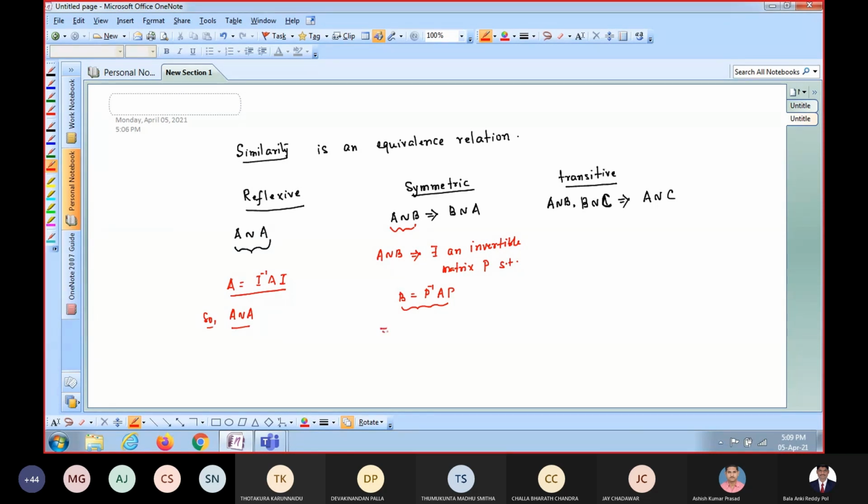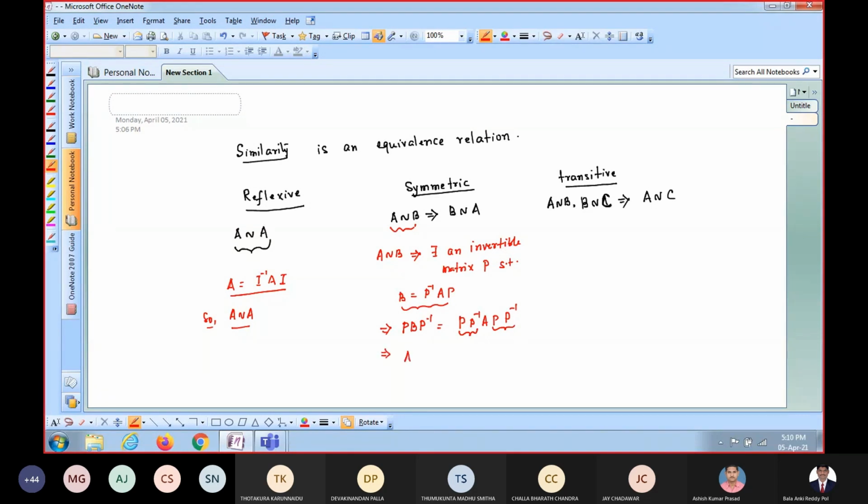I pre-multiply P to both sides and post-multiply P inverse. So here I have P inverse AP, I pre-multiply P and post-multiply P inverse. Now you can see that P and P inverse will become I, and I multiplied with A is A.